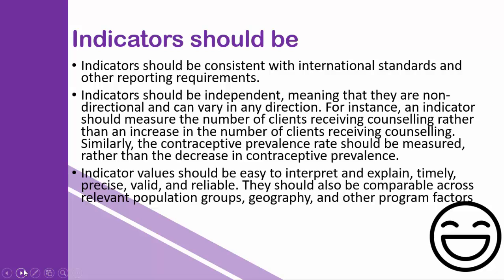Indicators should be consistent with international standards and other reporting requirements. This I totally agree 100%. If you've noticed, the United Nations has its sustainable development goals and many indicators that they've communicated to the world. So it's always a good idea to harmonize.